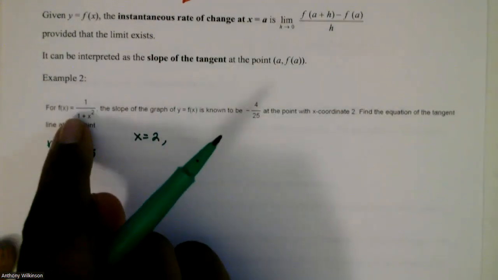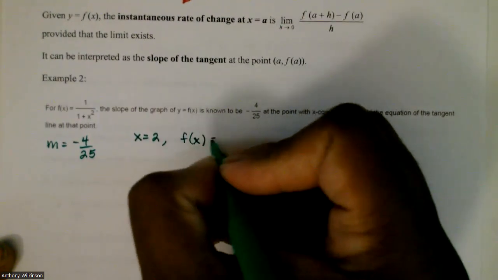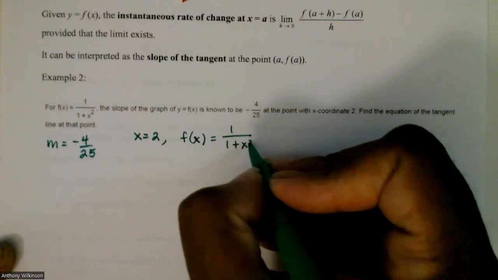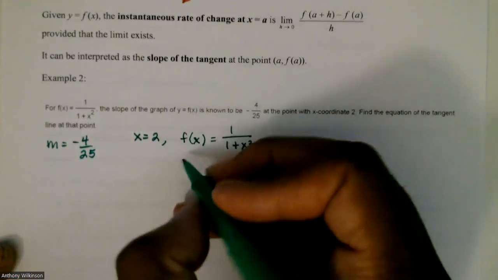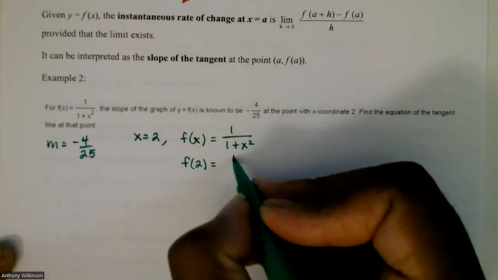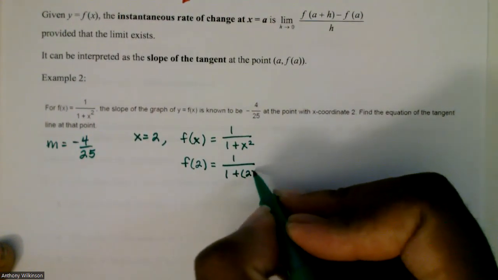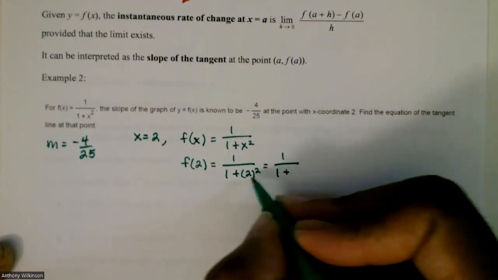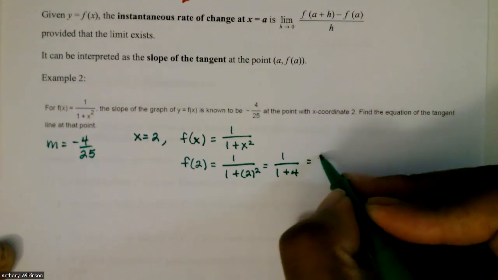So we can use this function. I'll rewrite this: f of x is equal to 1 divided by 1 plus x squared, and find out what that y coordinate is by just replacing our x with 2. So f of 2 is equal to 1 divided by 1 plus 2 squared. 2 squared will be 4, and 1 plus 4 will be 5.